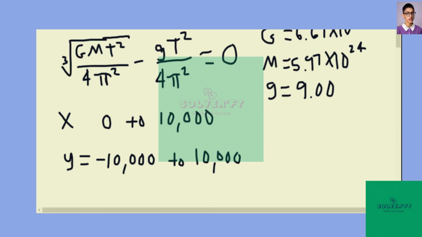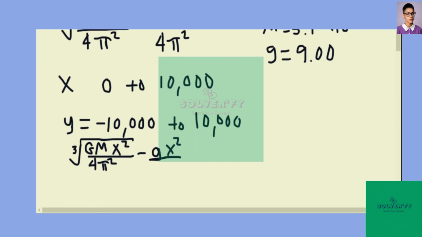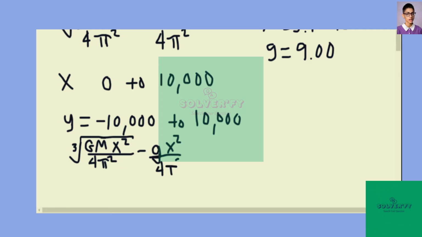I'll write down exactly what I wrote in the graphing calculator. I wrote the cube root of GM x squared over 4 pi squared minus g x squared over 4 pi squared, and I wrote y equals. And then I look for the 0.